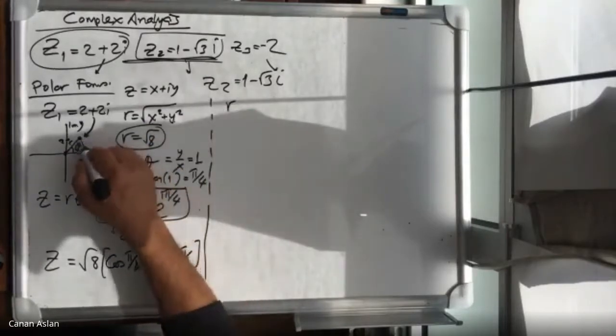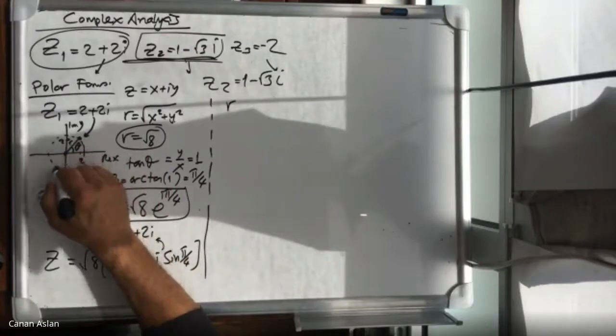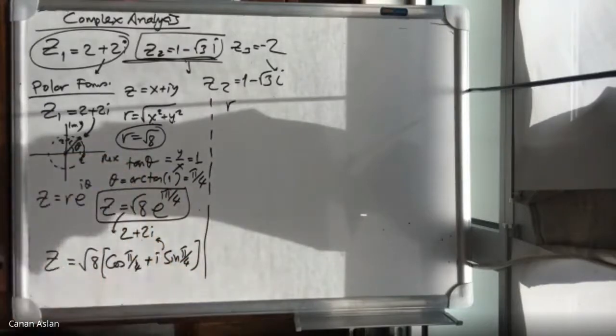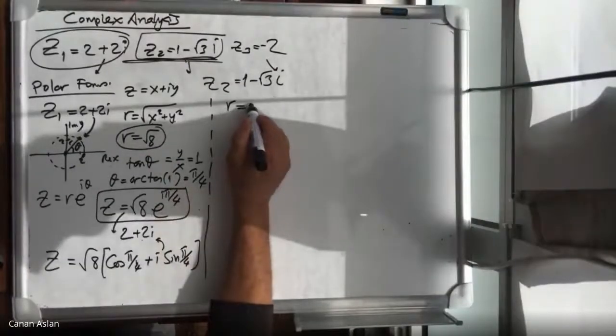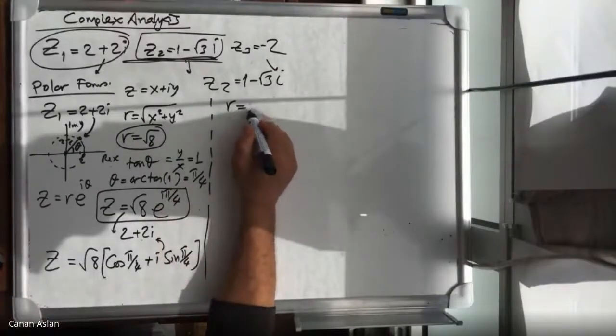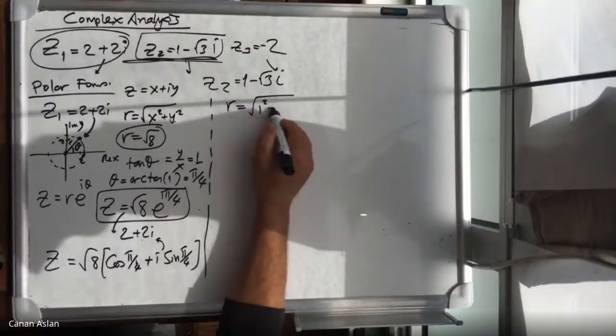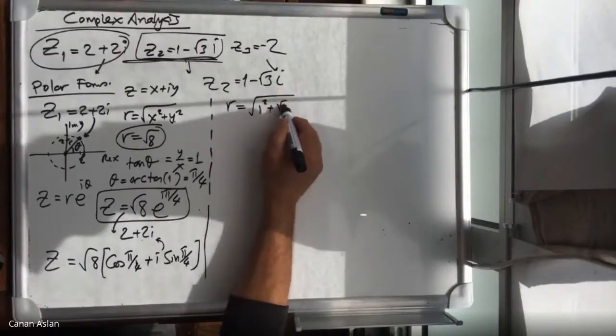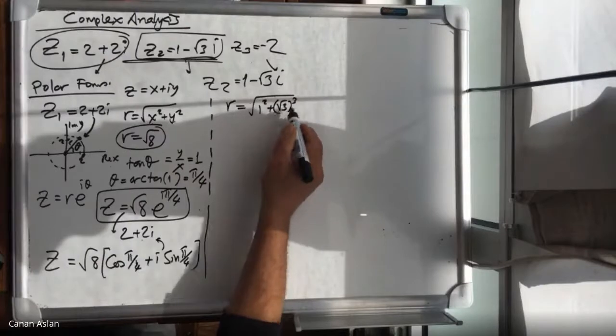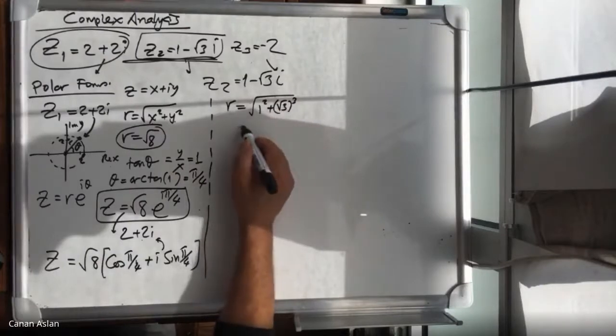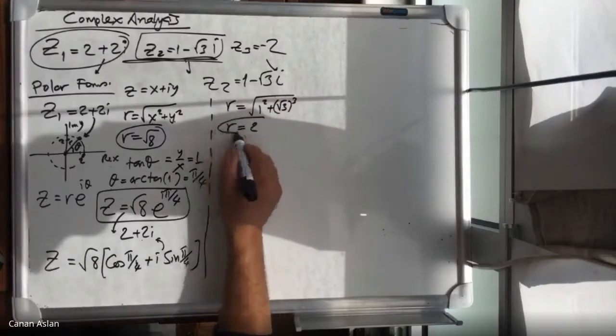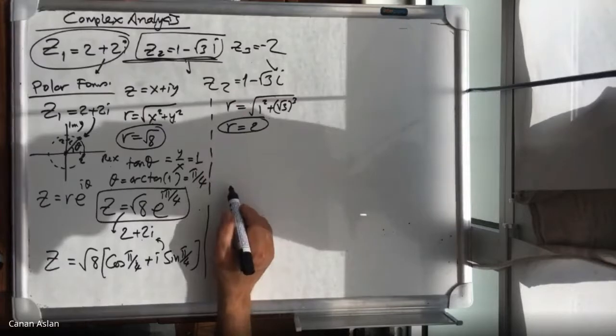Actually, it's the radius, because in the complex plane usually we can draw this circle, and this happens to be the radius of the circle. R is equal to the square root of 1 squared plus square root of 3 squared, so 1 plus 3, which is 4, which gives 2. So R equals 2. We get the radius, which is 2.